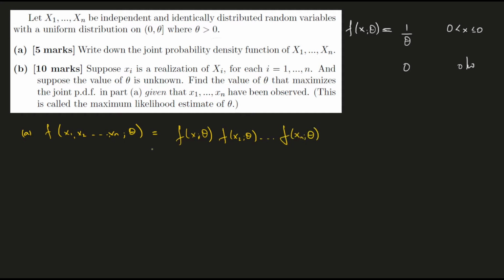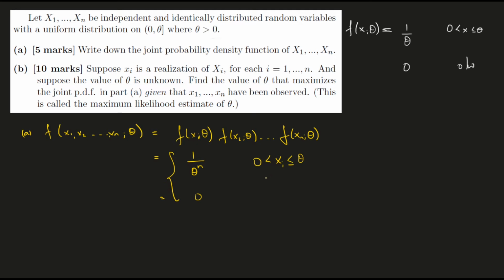And since each of them has the same PDF, that is 1 upon theta, the final joint PDF would be 1 upon theta to the power of n, obviously when the individual x's are from 0 to theta. Okay, so this is all that there is for part A. The joint PDF would be 0 when the x's are not from 0 to theta, and it would be 1 upon theta to the power of n when each x is from 0 to theta.